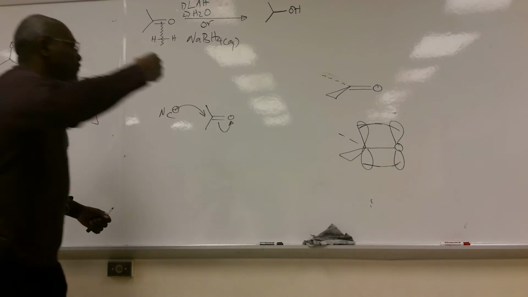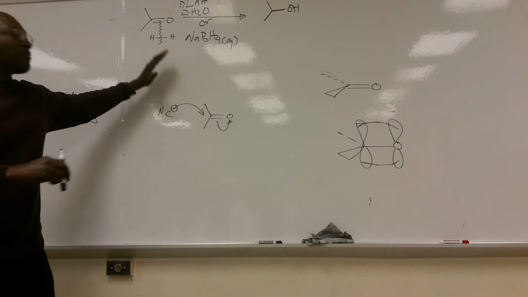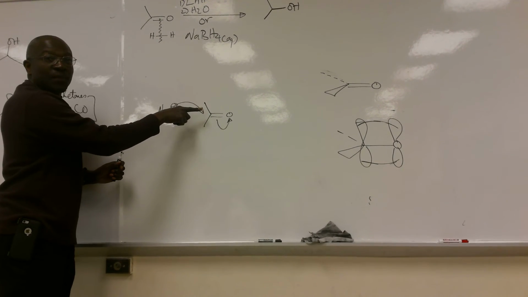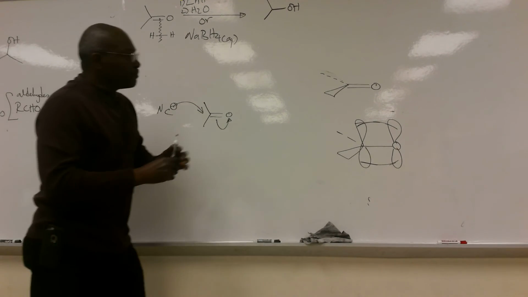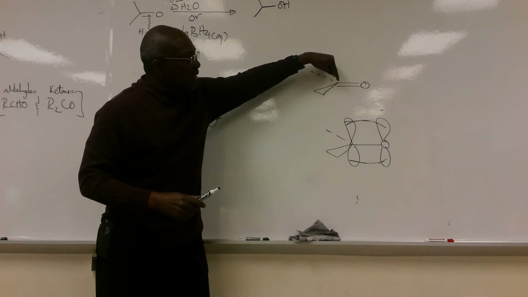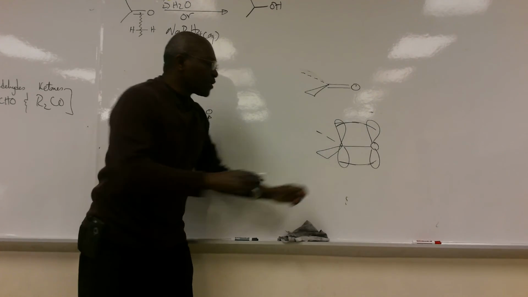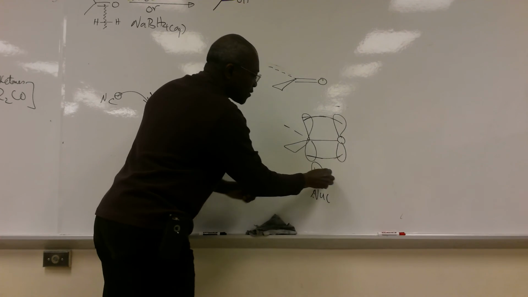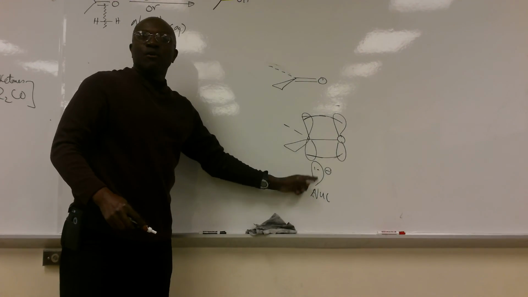It must attack from here or from behind the board because the p orbitals are perpendicular. So when we're attacking the carbonyl compound, we must attack from either the top or the bottom so that my nucleophile is able to interact with the orbital. The orbitals can interact.